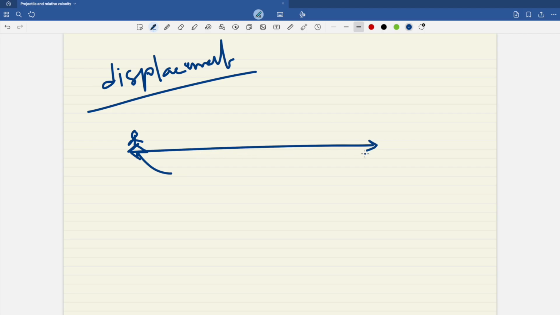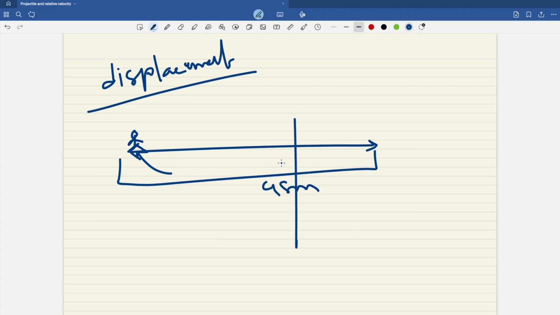He went 45 meters and then turned back 10 meters. So how much distance did he technically cover? The resultant of the distances is called the displacement.